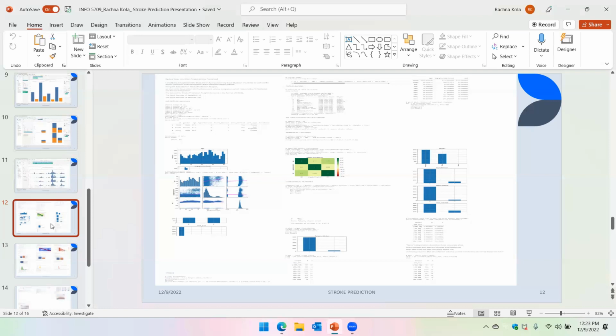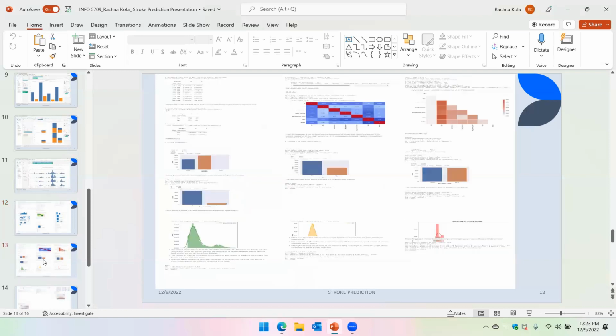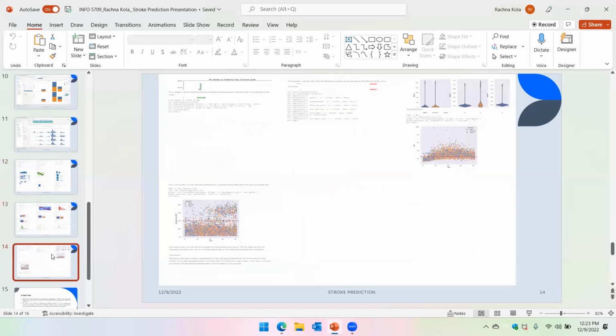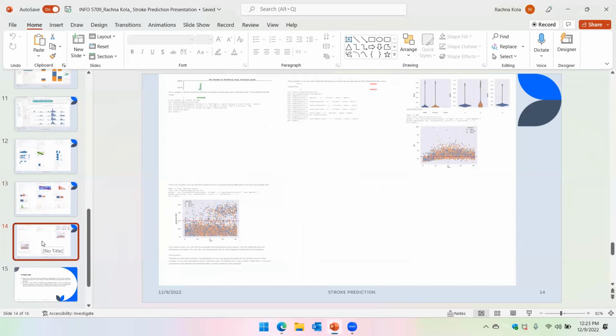And the BMI is also quite higher for the people who are working in the private sector because of the tensions that they have and so on. I don't know why exactly. So this is how the graph works, and this is the final output that I get from the regression models and all.